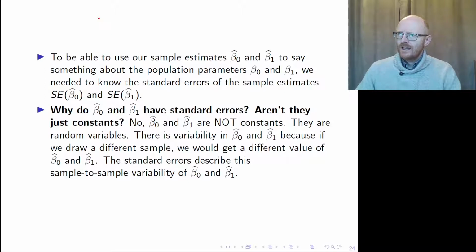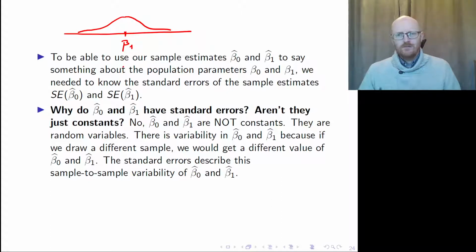So what we have is that the true slope, the population slope, would have a certain value, whereas our estimates would be in a range around this true population value.